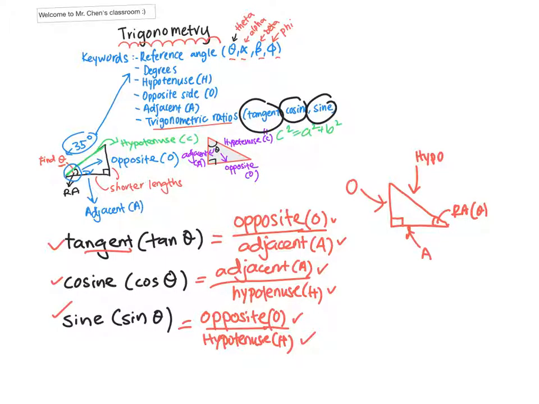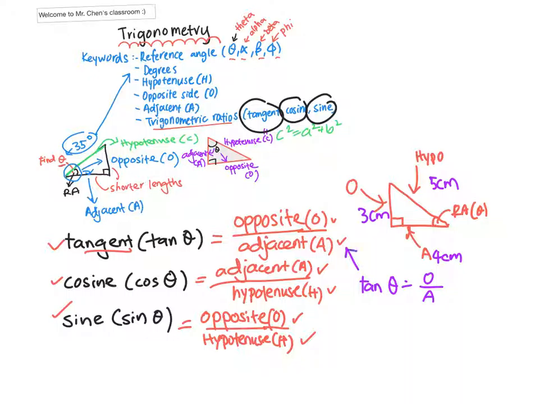So I'm gonna make a quick example. Let's say the hypotenuse here is 5 centimeters, adjacent is 4 centimeters and opposite is 3 centimeters. If we are doing tangent, as we know, tangent theta is equal to opposite over adjacent.